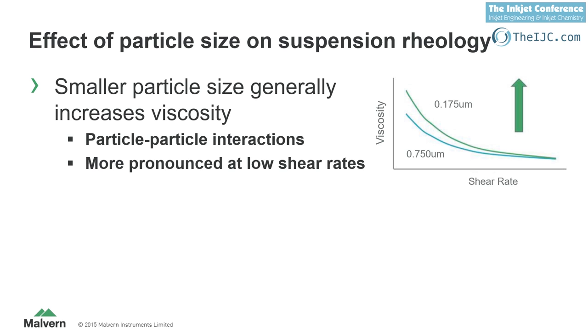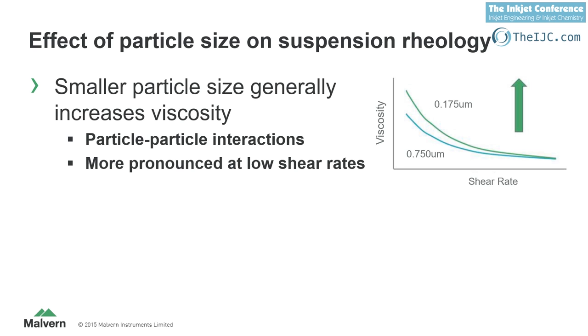So the smaller your particles are, the more particle-to-particle interactions we have, and that's generally more pronounced at low shear rates where we're not disrupting those. So we've got a graph here with the viscosity against shear rate for an ink that's 750 nanometers and 175 nanometers, and that at low shear rate is going to have a higher viscosity. So we want to control the particle size to control that.